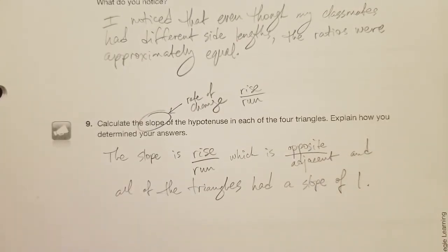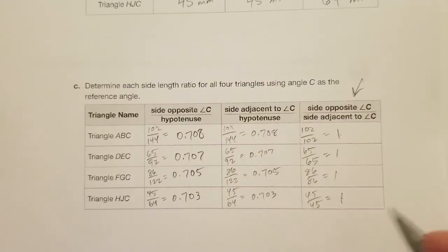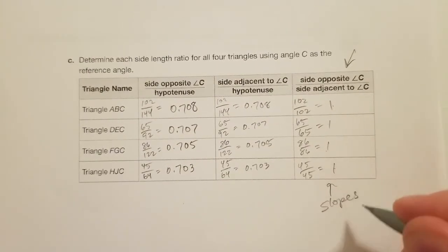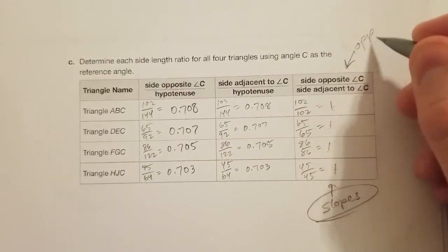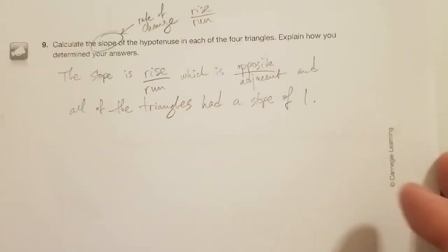Because we calculated this in the table, right? This table right here. These are the slopes slash opposite over adjacent. And once we get even more advanced, we can start abbreviating and stuff. Okay. And that's page 662, all done there.